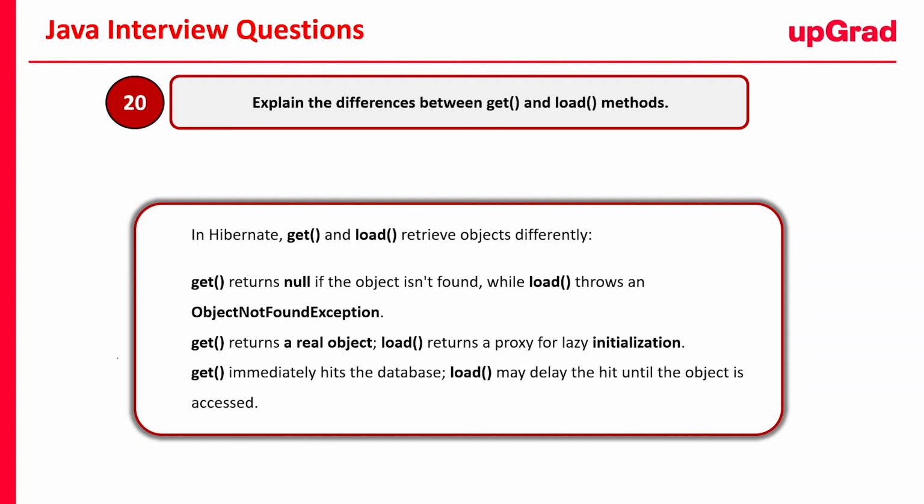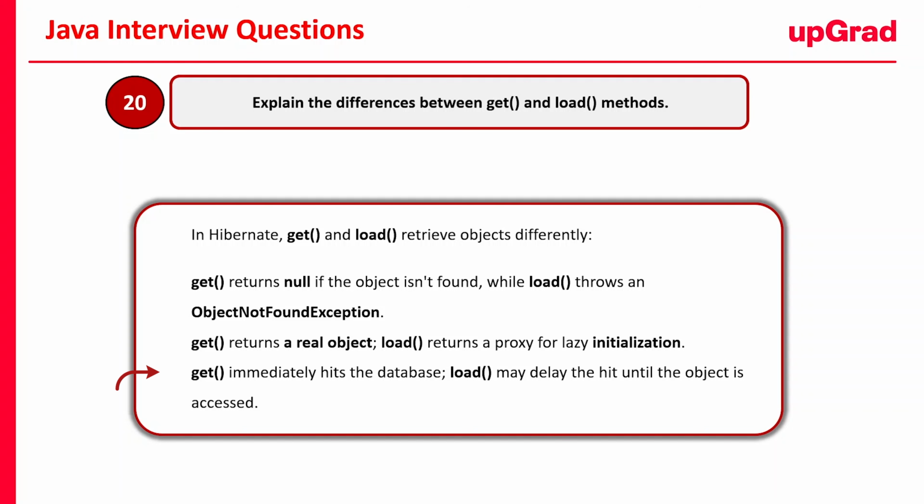The get method always returns a real object, while the load method returns a proxy object, which is a placeholder for lazy initialization.